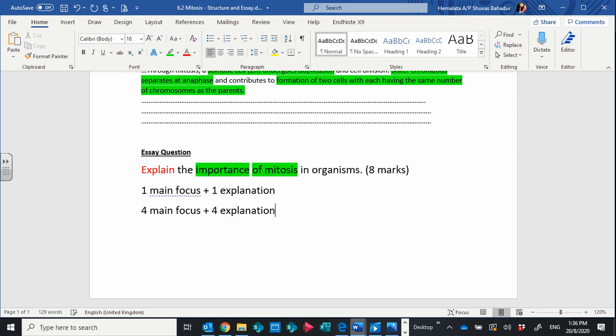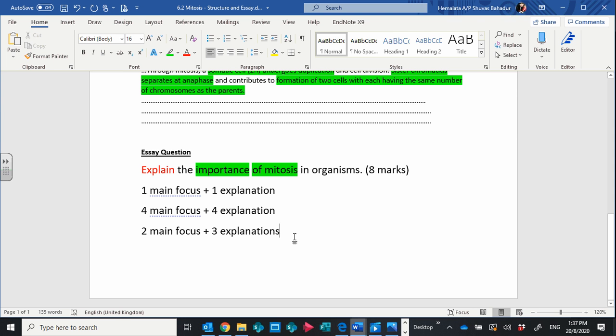Or you can use 2 main focus plus 3 explanations. It's up to you. You can balance it in any other way, but you need to have the focus.